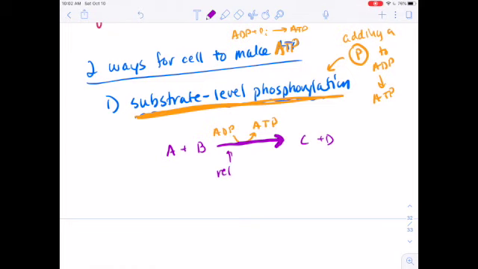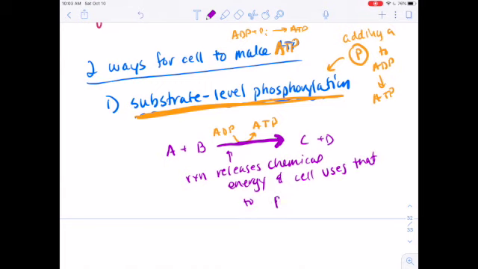This reaction releases chemical energy, and the cell uses that to put that initial phosphate group back onto ADP to form ATP. There we go. Substrate level phosphorylation. Think of it as these guys being substrates. That's one way that the cell makes ATP.